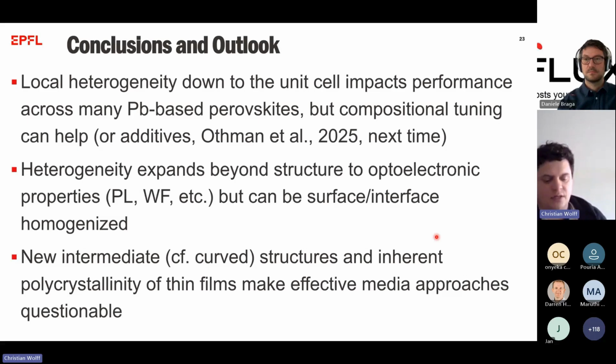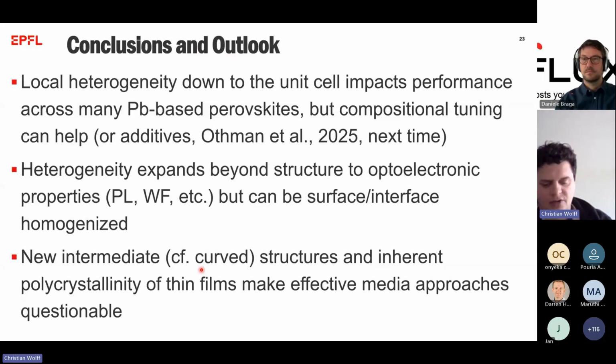So if you are texturing a big wafer with, I don't know, 300 centimeters square, so 250 centimeters square, with wet chemical etching, you have a certain degree of control about the height of the pyramids, but it's very likely that somewhere on this large area, there's still a large pyramid forming. And then you may have the scenario such as the one that we actively sought after here, namely these curved and undulating structures. And I think it's really important that we also understand these somewhat outliers that probably will still happen in a fabrication scenario.